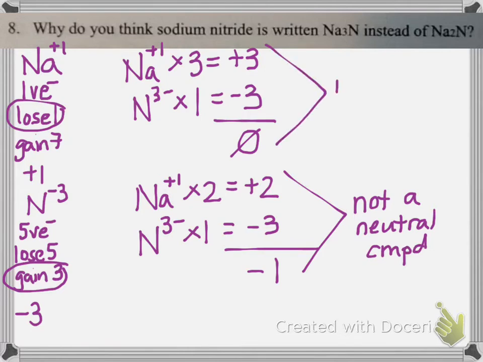This is a neutral compound. So the reason that sodium nitride has to be written Na3N is because it's an ionic compound, and overall it must be neutral. It cannot have a charge, so it has to be written as Na3N. So Na3N has a charge of 0.